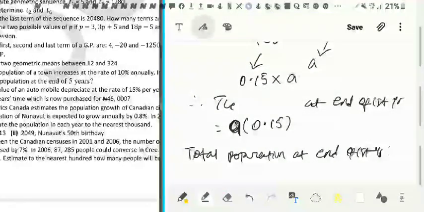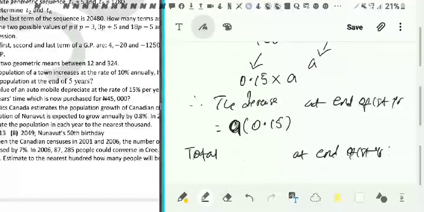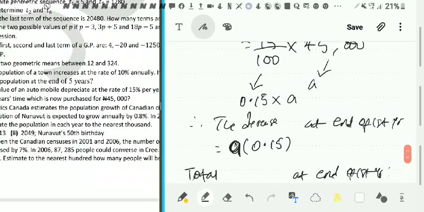The decrease is in the price of the automobile. So the decrease at the end of the first year is A open bracket 0.15. If you put this inside your calculator, that's 15% of 45,000. 0.15 is the 15%, and A is 45,000.